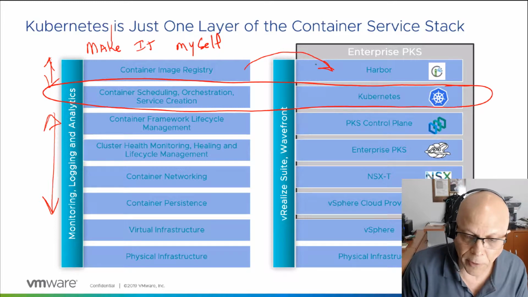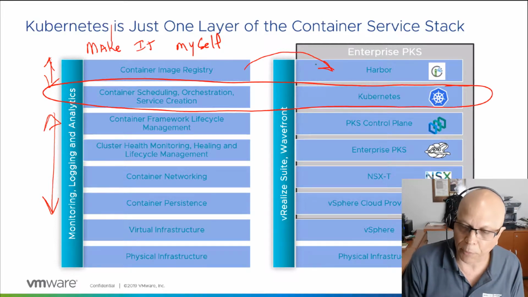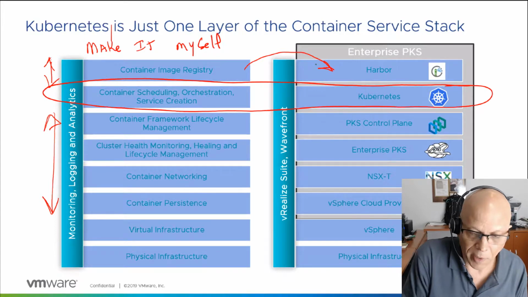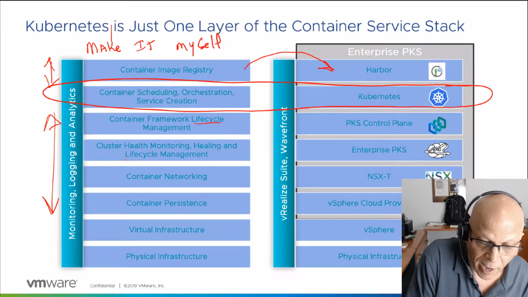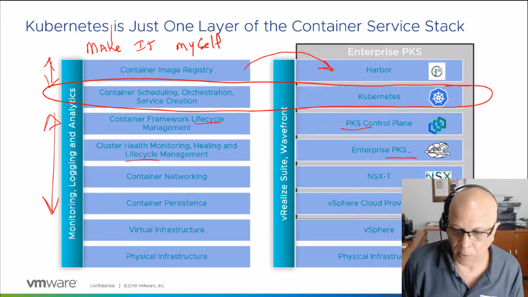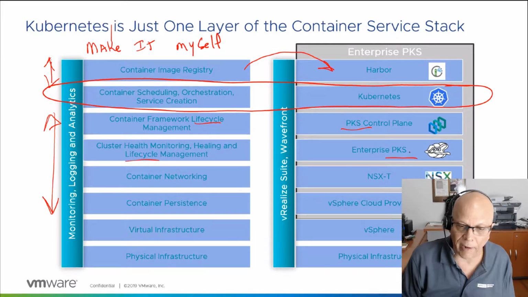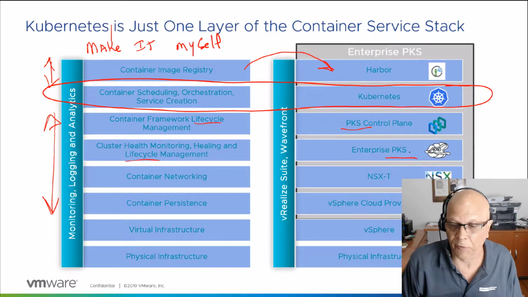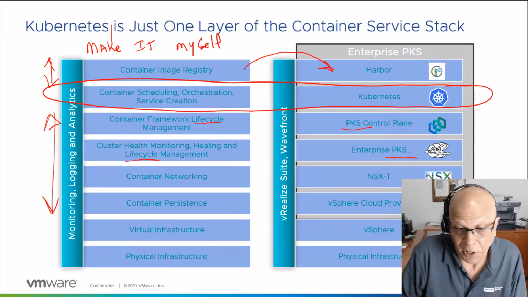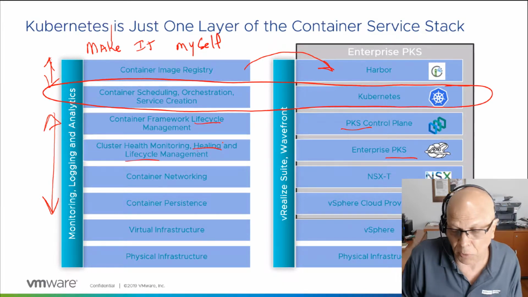For the container image registry, we're providing you a bundled, validated, we-know-it's-compatible version of Harbor. When it has anything to do with lifecycle management, this is where PKS is going to jump in. We're going to deal with the lifecycle not only of upgrading your Kubernetes version, but also the healing and the lifecycle management of a worker node.